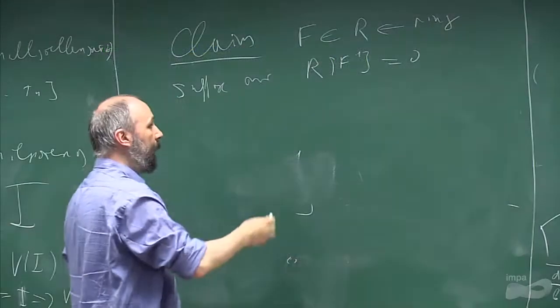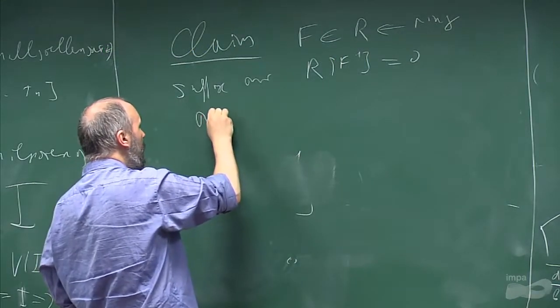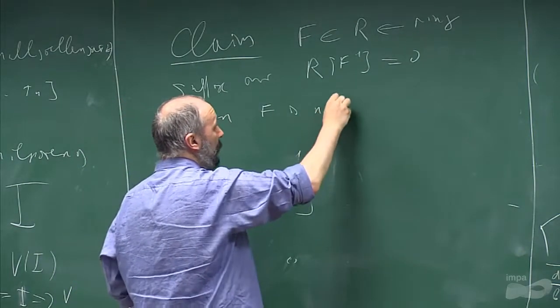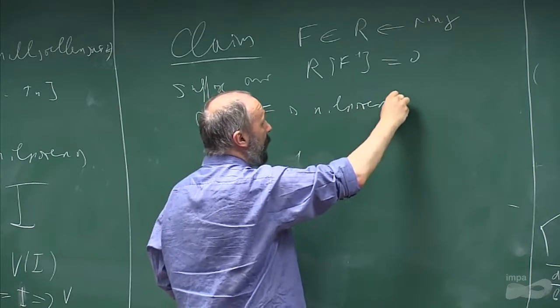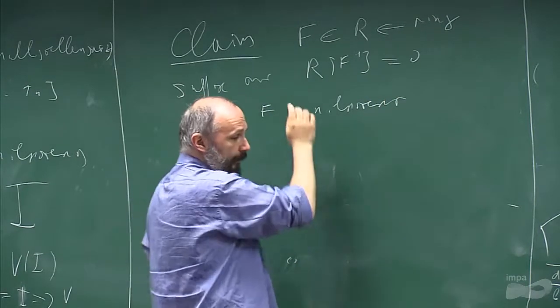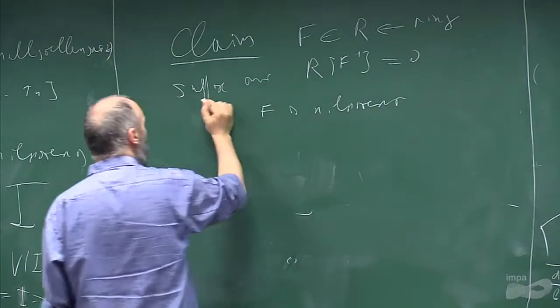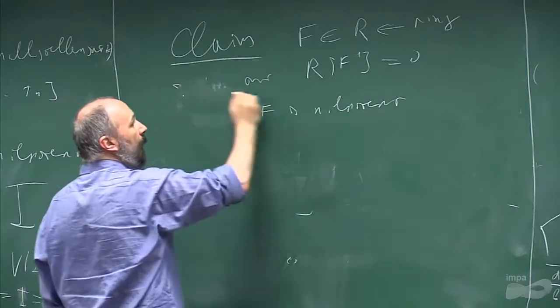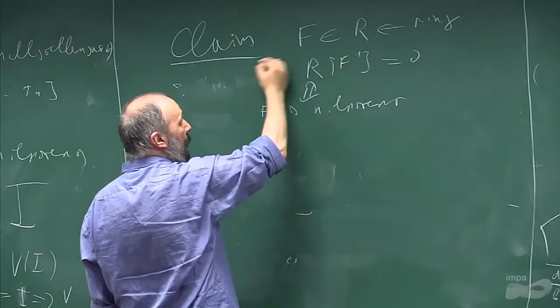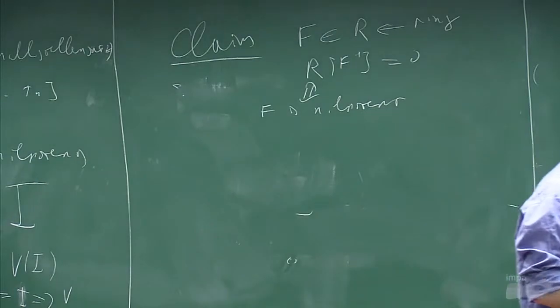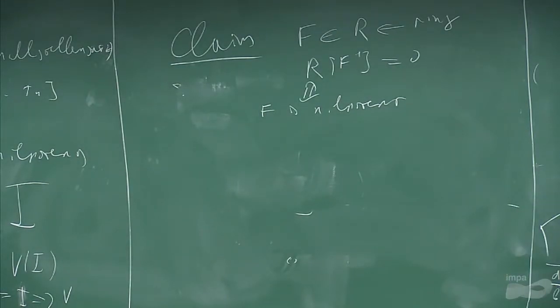This is the 0 ring. Then f is nilpotent. Well, this is an if and only if, in fact. So the proof actually proves the equivalence. But the other direction is easier.